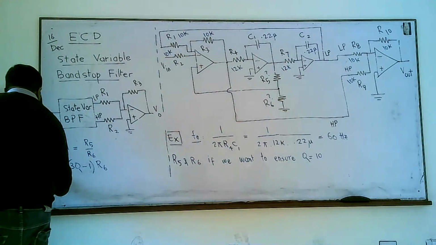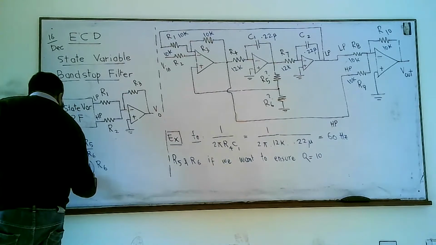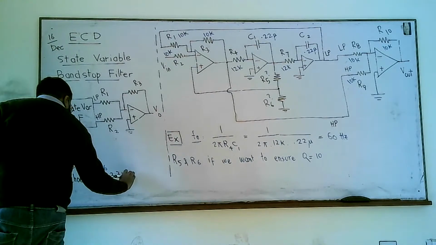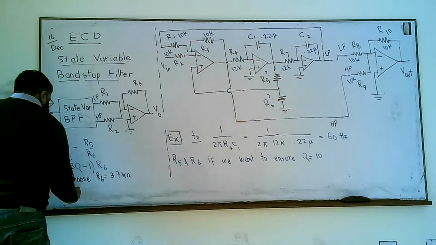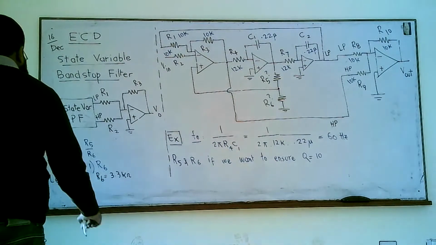Let's choose R6 to be equal to 3.3K, 3.3 kilo ohm, and put 3.3K here. So R5 comes out to be 95.7K.